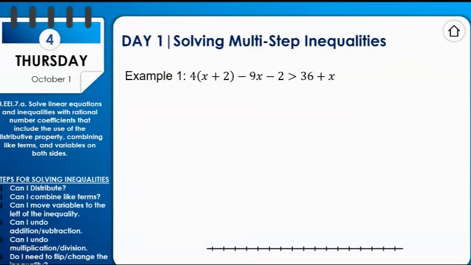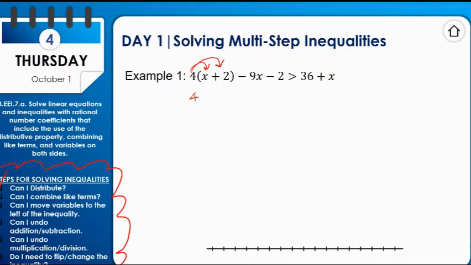So example 1, solving multi-step inequalities. The first question we want to ask as we're looking at our steps is, can I distribute? We see parentheses, we see a value outside of the parentheses. So yes, we can distribute, and we're distributing 4 to x and plus 2 or positive 2.